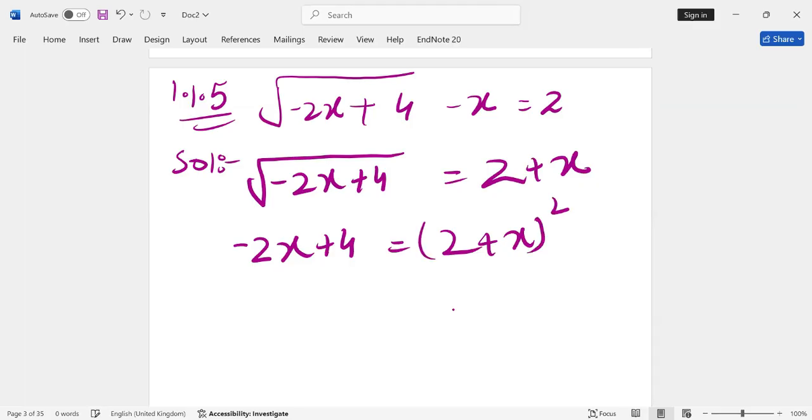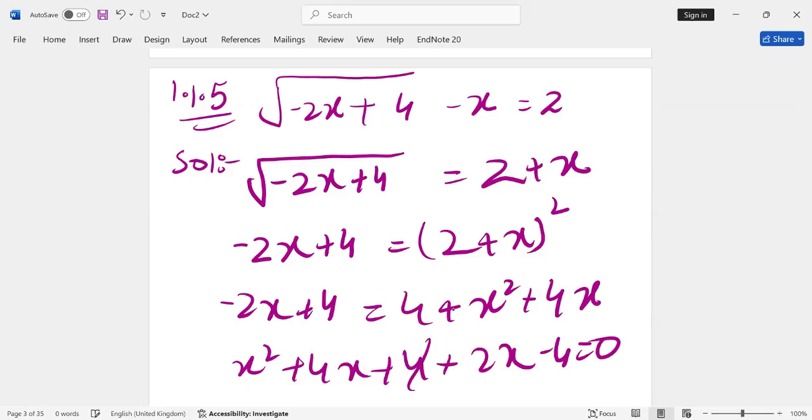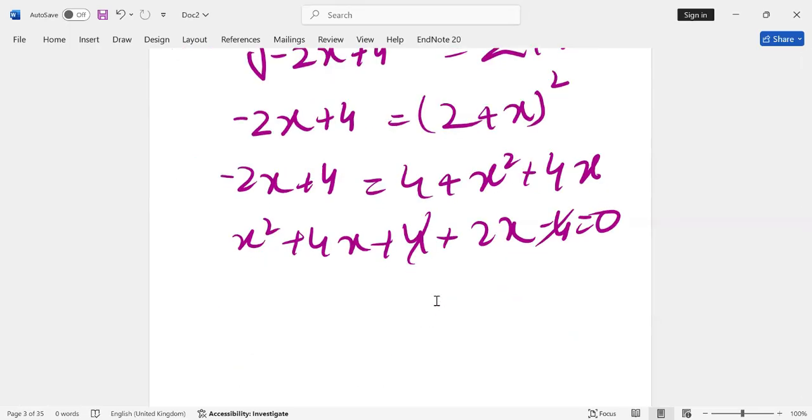Simplifying, minus 2x plus 4 equals 4 plus x squared plus 4x. Taking all values on one side, we have x squared plus 4x plus 4 plus 2x minus 4 equals 0, and the 4s cancel, so x squared plus 6x equals 0.